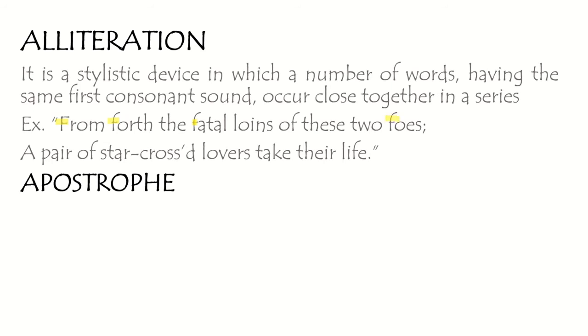So again, coming from the definition of alliteration, it is having the same first consonant sound that we might see in a series, in a sentence, in a statement, or might be in a stanza.